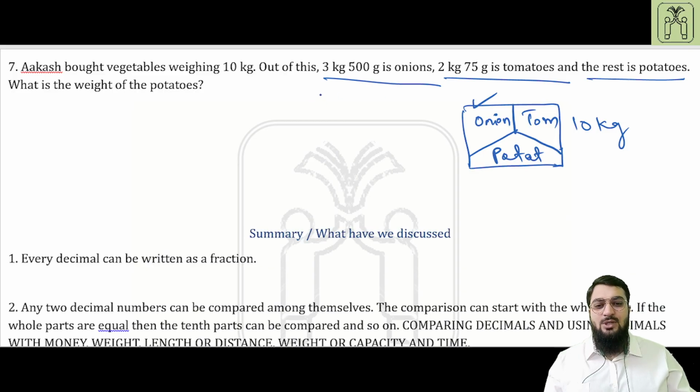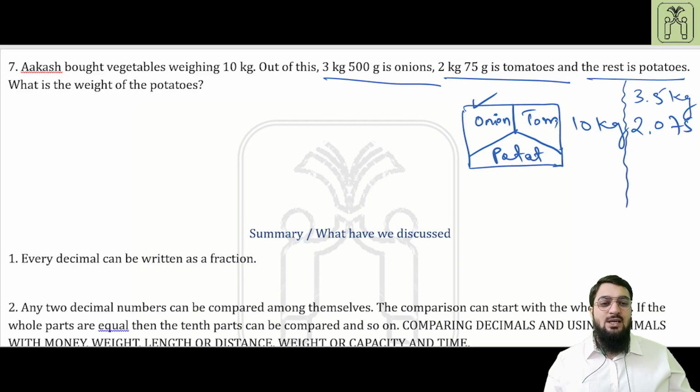That can also be written as 3.5 kilograms. Okay, I will write it over here, 3.5 kilograms. After that, we see that we have been mentioned the weight of the tomatoes, that is 2 kilograms 75 grams. That can also be written as 2.075 kilograms for the tomatoes.